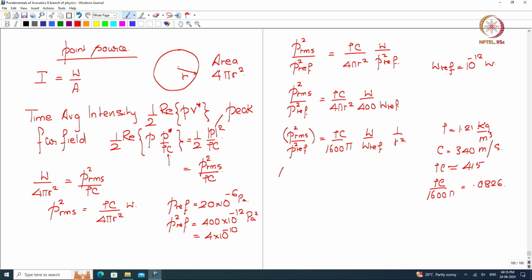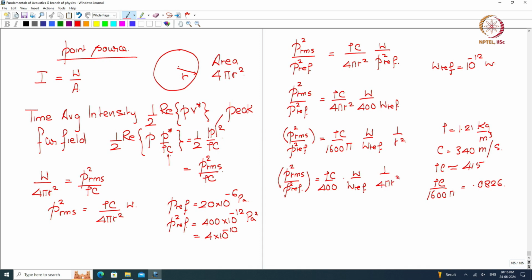We will do it this way: P square RMS by P square reference is equal to rho C by 400 into W by W reference into 1 by 4 pi R square.